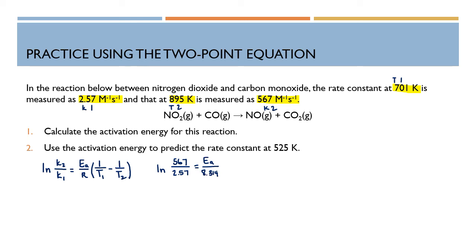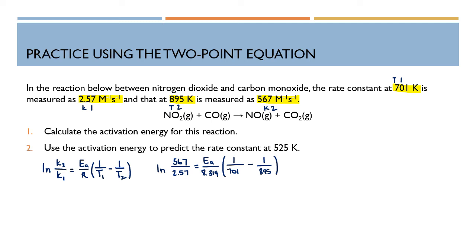So ln 567 over 2.57 is equal to EA over 8.314 times 1 over 701 minus 1 over 895. Those temperatures are in kelvins, and that'll help us cancel out kelvins when we use that 8.314.